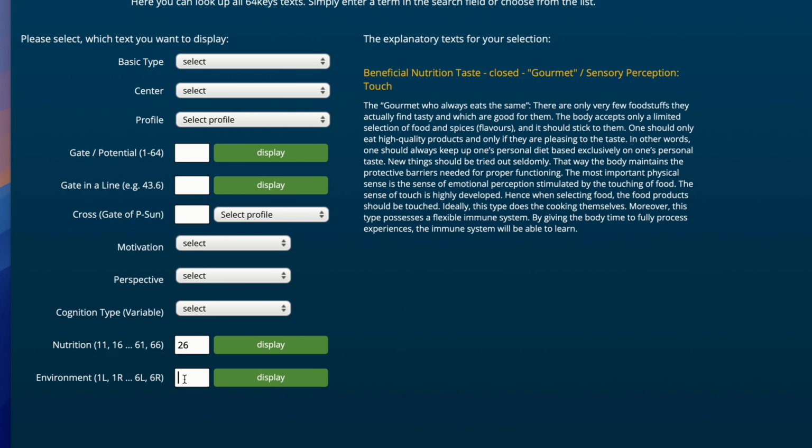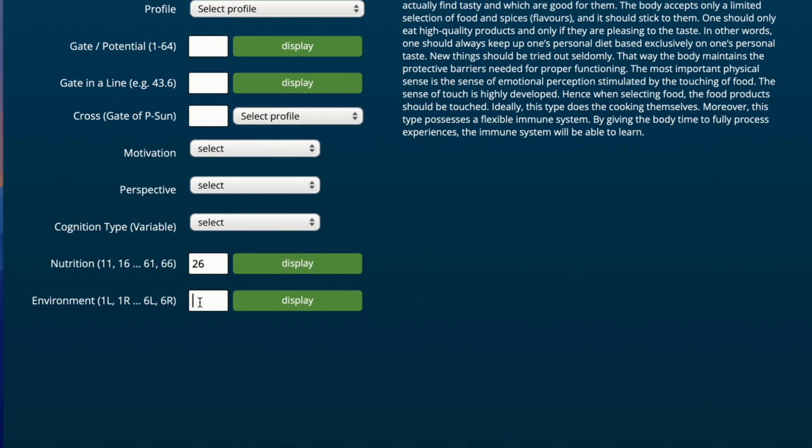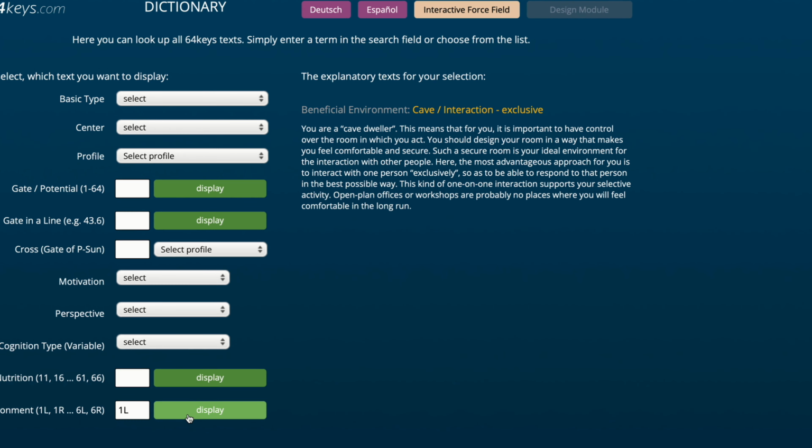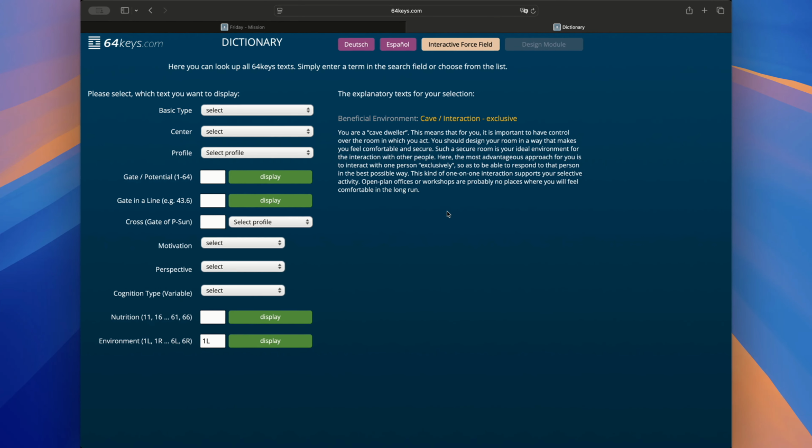And here for the environment, it's similar. You can enter, let's say 1 for caves and left, because it's a left tone, and here you would get the respective text, cave, interaction, exclusive. You are a cave dweller. So this is a nice way to look up information without having to create a separate chart.